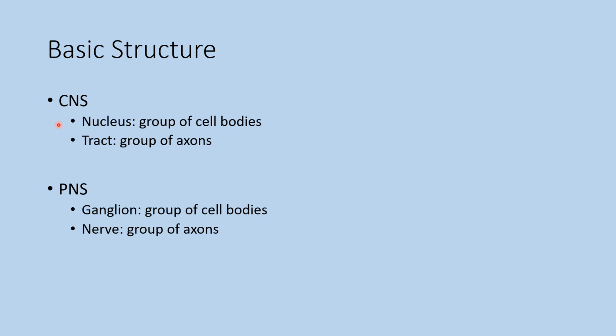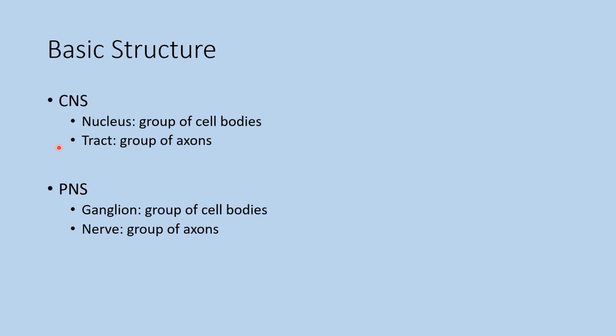You can have the nucleus of an atom, you can have the nucleus in the cell. Well, when you're talking about the nervous system and you use the term nucleus, you're talking about a group of cell bodies. I know it gets confusing. I guess we don't have a large vocabulary. A tract refers to a group of axons in the central nervous system.